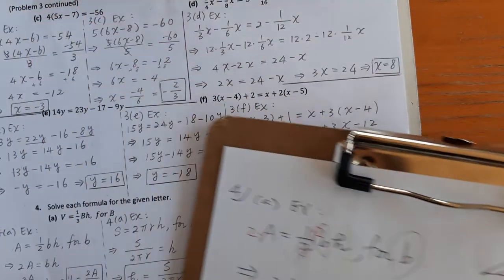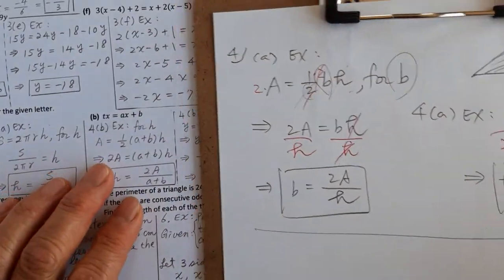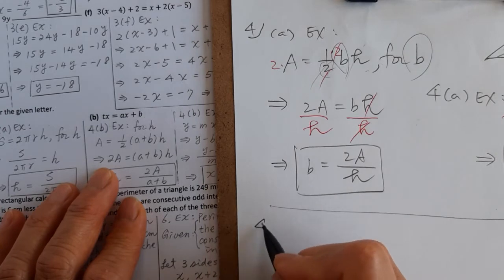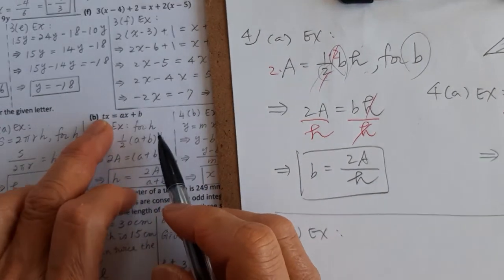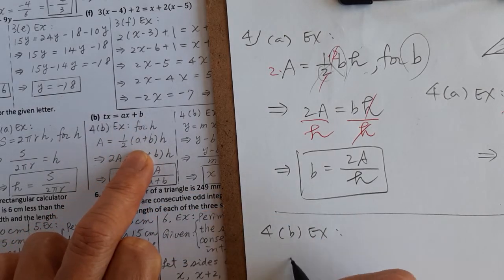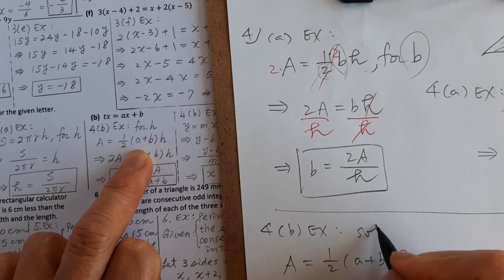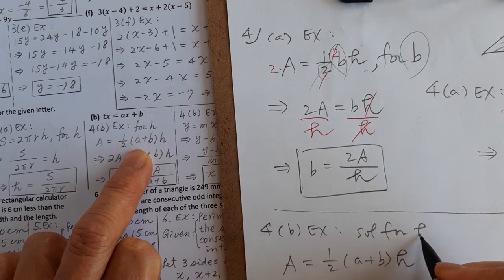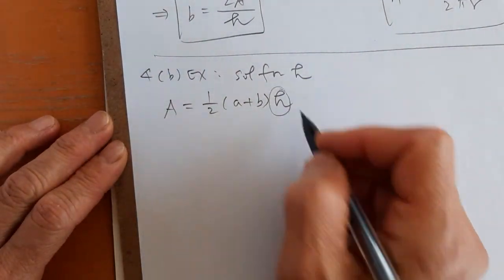And next one, it's number 4b example. 4b is this. This is your homework question example. Solve for h. Area equals 1/2 times (a plus b) times h. Solve for h, so isolate h.